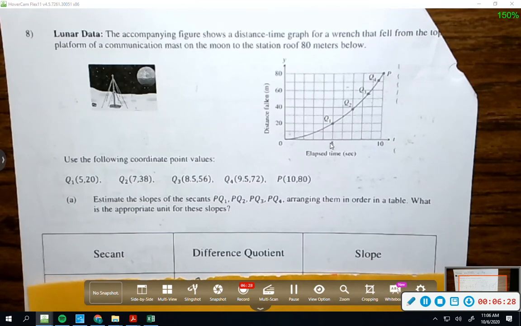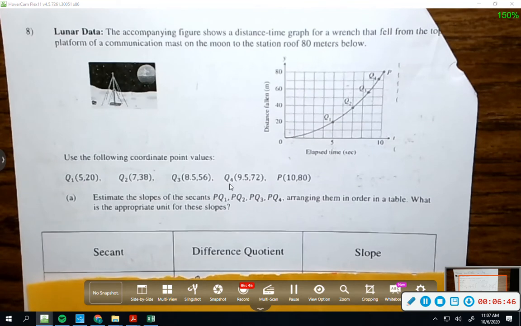The point Q sub 1 is 520, point Q sub 2 is 738, and then I estimated these here using the same values that they did for the solution manual in the book, by the way. Okay? So we're just doing the difference quotient. This is definitely going to be on the AP test, just the difference quotient.